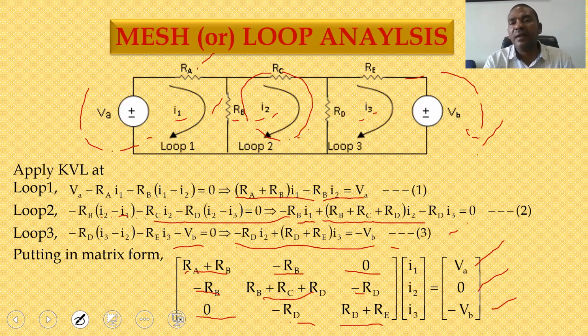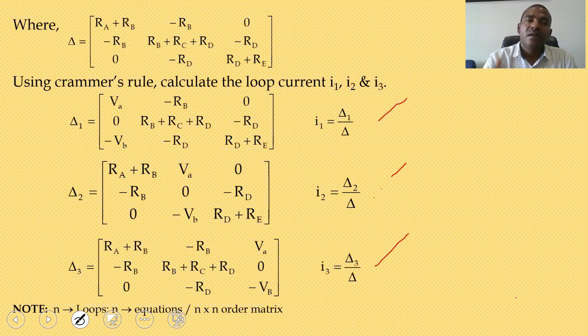So while you are writing the equilibrium equations and putting in matrix form, that is one method, or by observing the circuit you can write the matrix, which is also another way. Okay. Now coming to the calculation, once you calculate the delta, you have to go for delta 1, delta 2, delta 3 by replacing the RHS with respect to the first column, second column and third column.